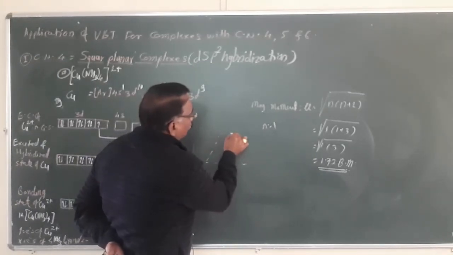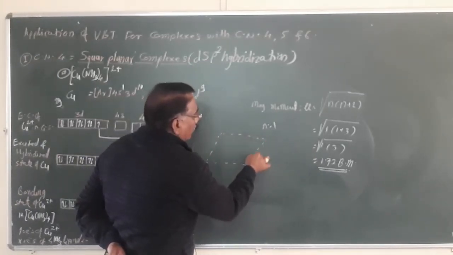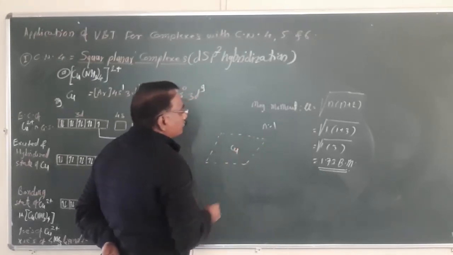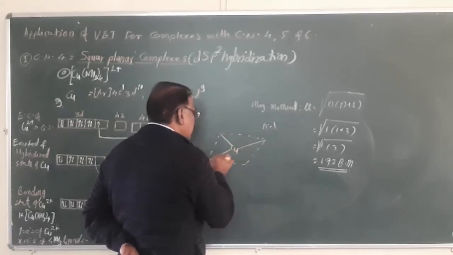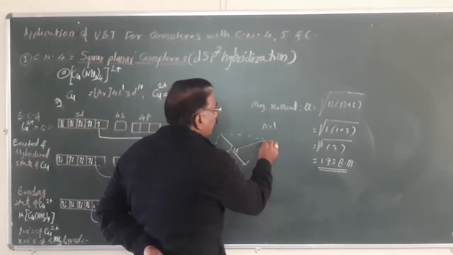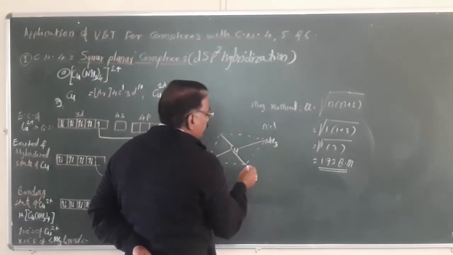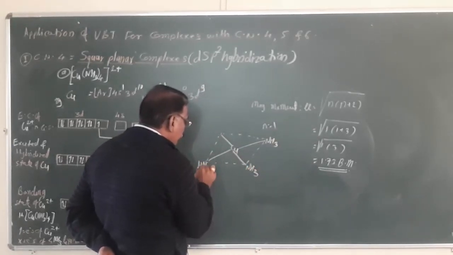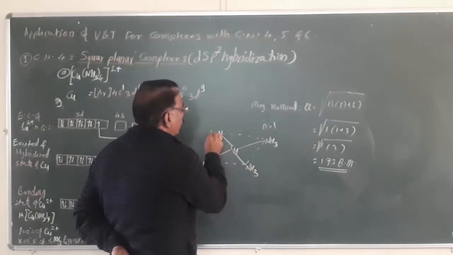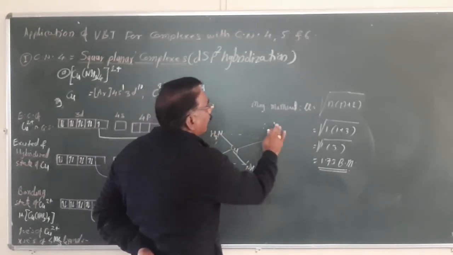square planar. Here the metal atom and all ligands are in the same plane, and here there is the first NH3, second NH3, third NH3 ligand and fourth NH3 ligand.